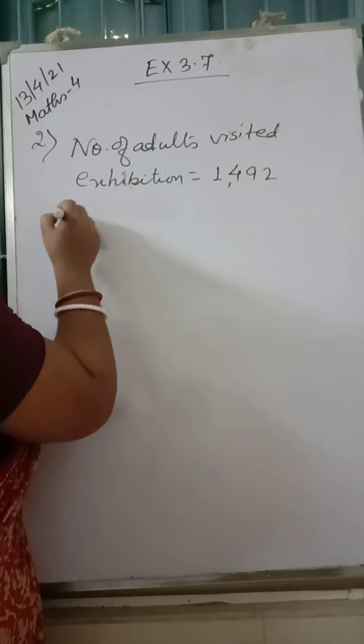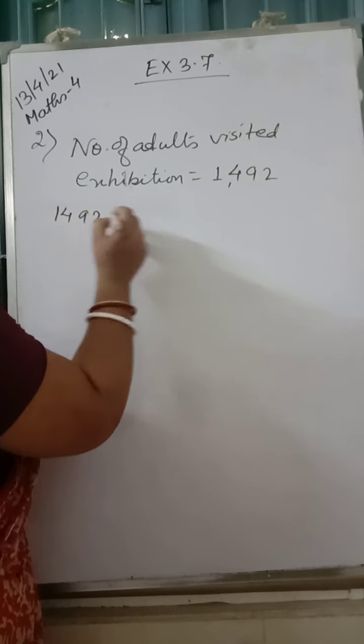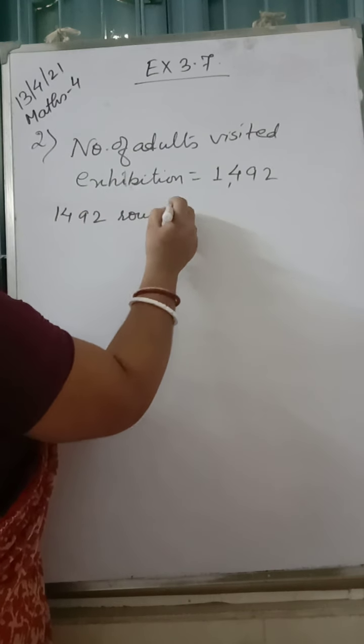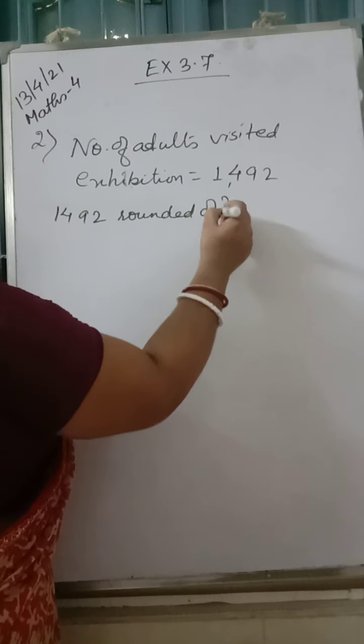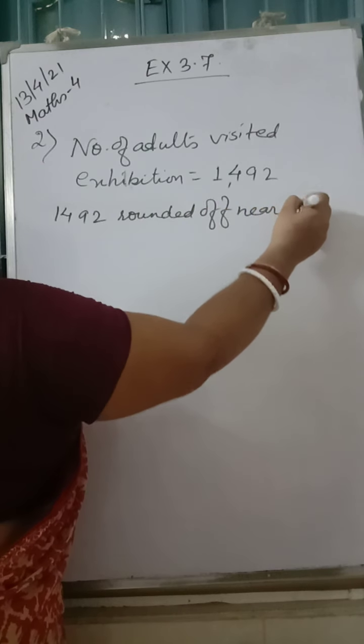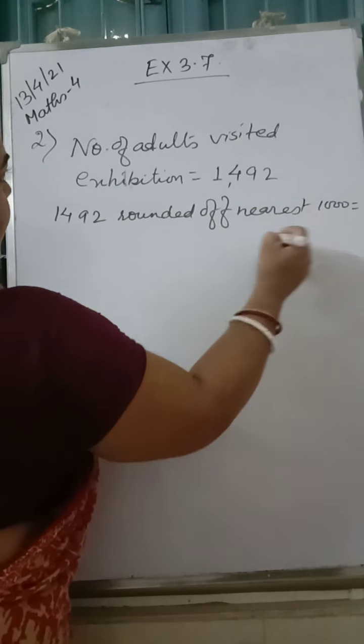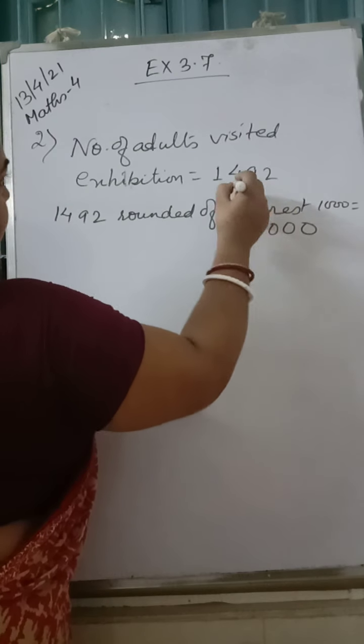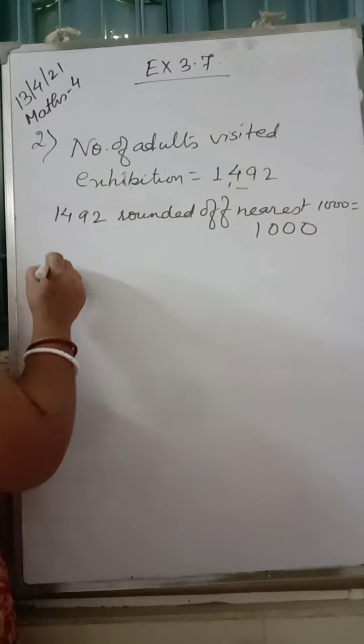Okay, here we'll write 1492 rounded to the nearest 1000 is equal to 1000, because at the 100 place it is 4.